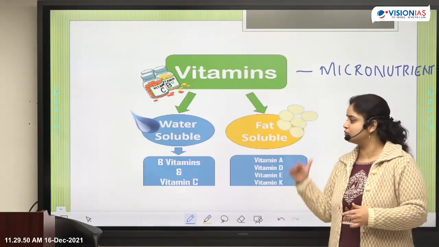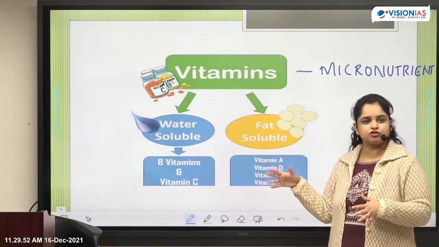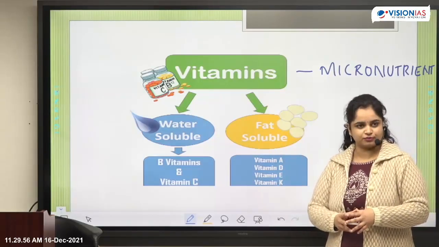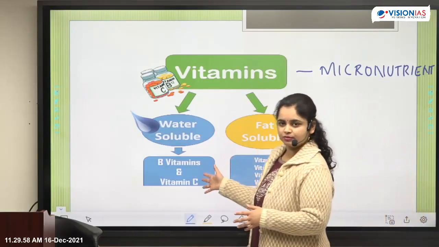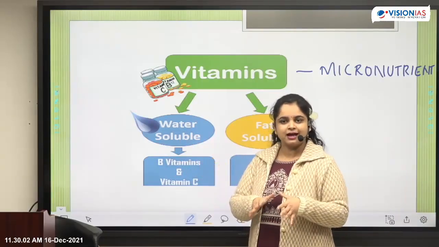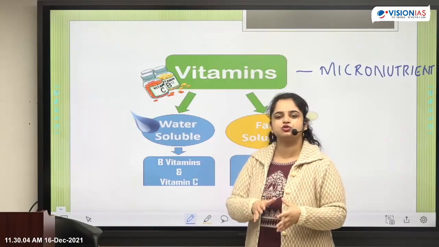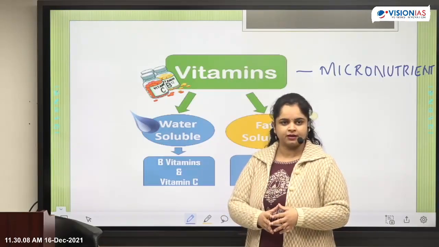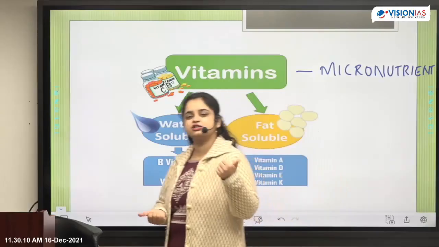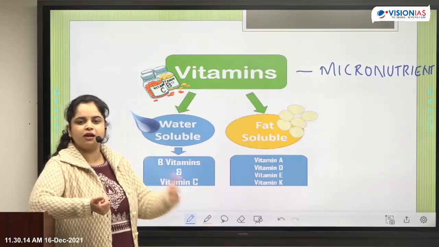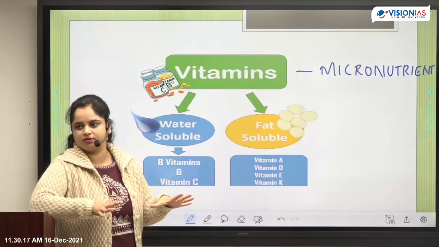Plants can produce a lot of these vitamins, so they are a good source in that sense, but our body cannot produce them. Water soluble vitamins will be dissolved in water, and that will lead to a situation where they will be easily lost from the body, because the passage of everything in the body, right from blood to urine, is water based.